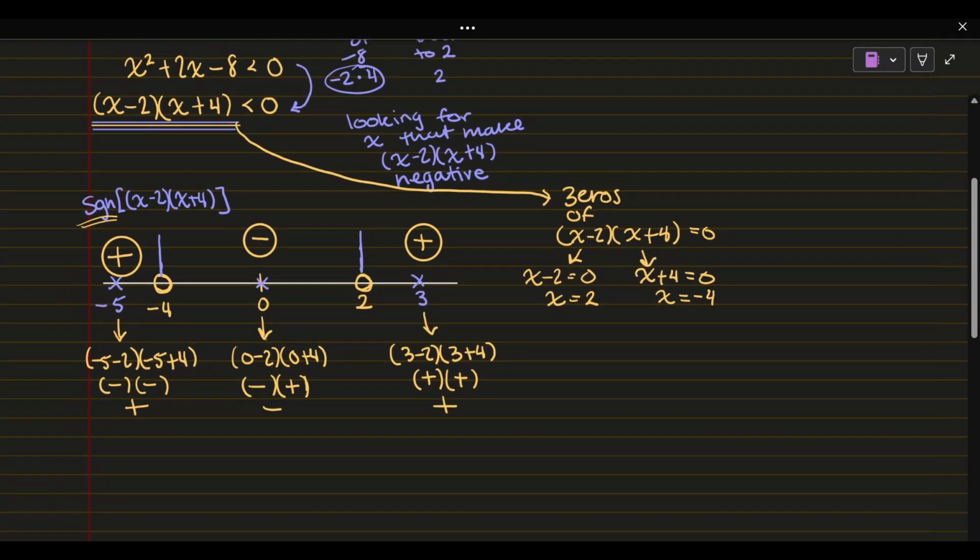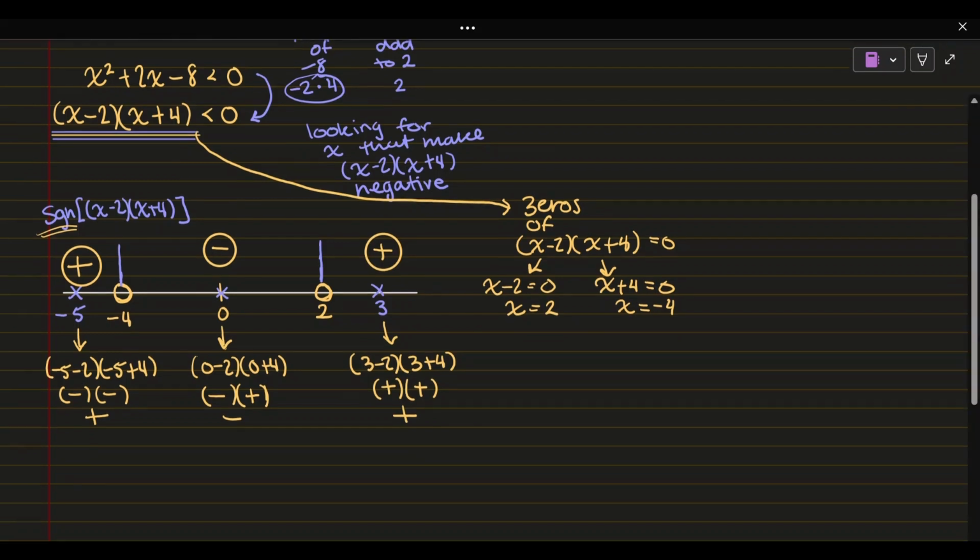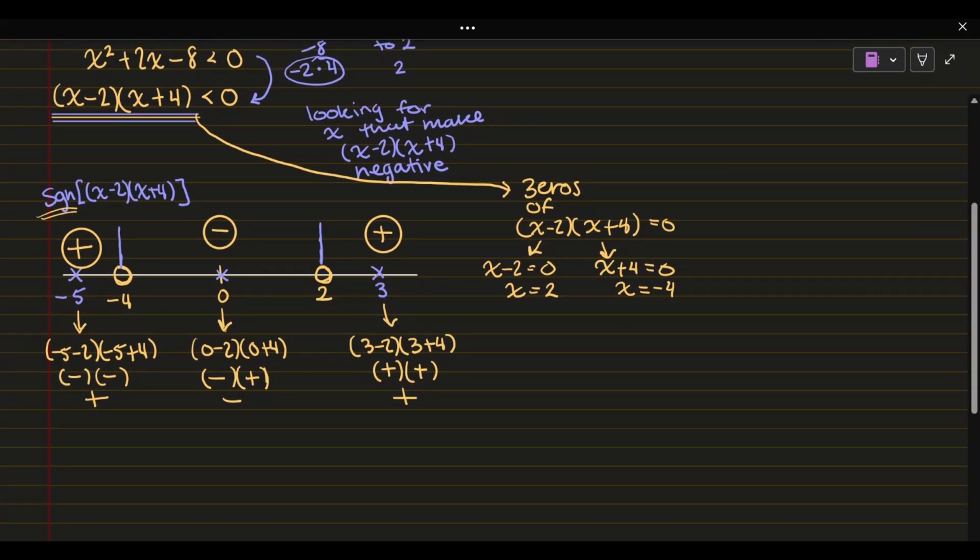Okay, so I figured out that this left-hand side here is positive before -4 and after 2, and negative between -4 and 2, right? And my goal is to find all of the x values, that is all the points on this line, where this is negative, right? Less than 0. Less than 0 means negative.